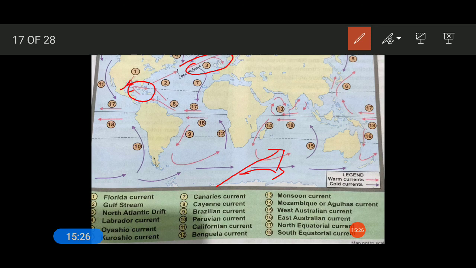One moves along the coast of Norway, and the other one moves along the coast of France, Spain, etc. And one more branch of this North Atlantic Drift moves towards the south and flows along the coast of Biscay, along the Mediterranean Sea, and along the coast of Africa. In this region, it becomes part of the Canary Current.